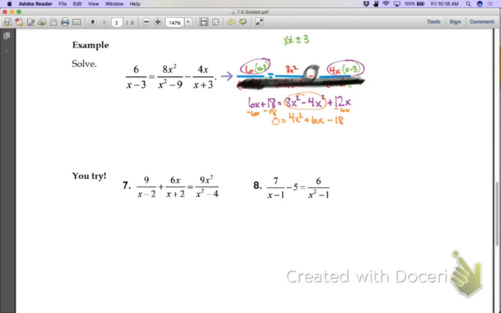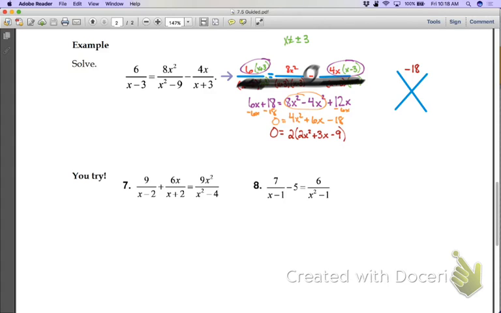So how can I factor this? Take out a 2 first. So if I take out a 2, then I have 2x squared plus 3x minus 9. So then if I factor this, do you want to factor it with the x, or do you just want to factor it?